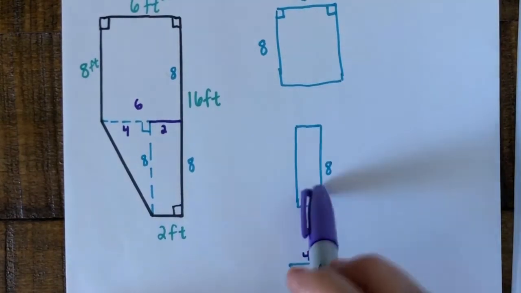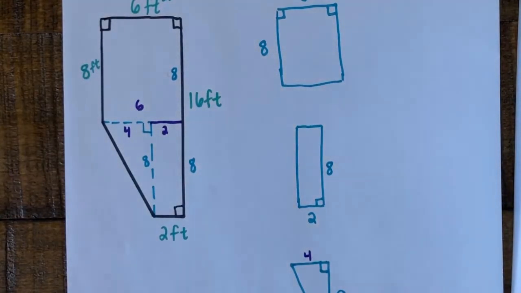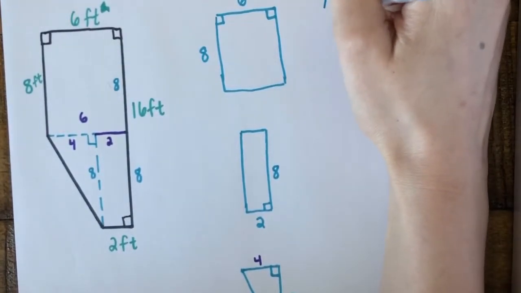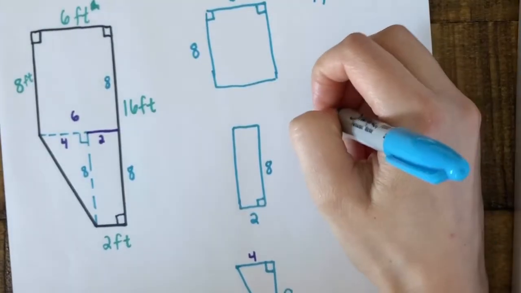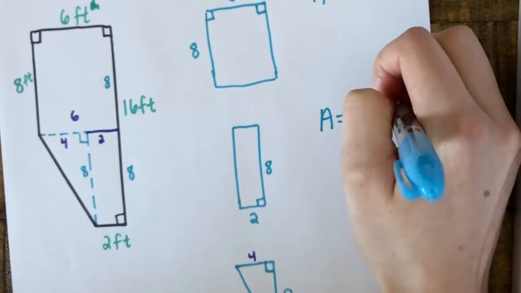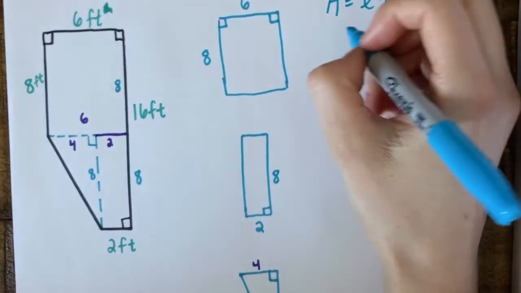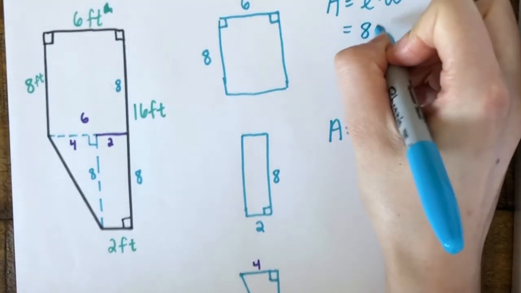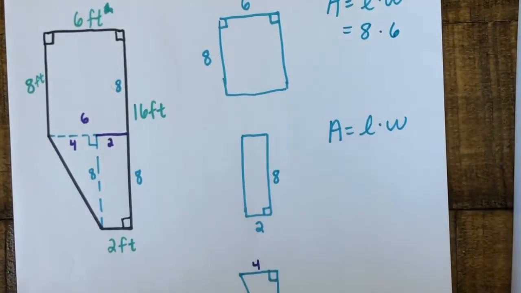I need to find the area of each of these 3 things using my formulas. So I have 2 rectangles and they both have the same formula. Area equals length times width. So I'll fill in my important information. Doesn't matter really what you call your length and your width. I always call my length the longer one.